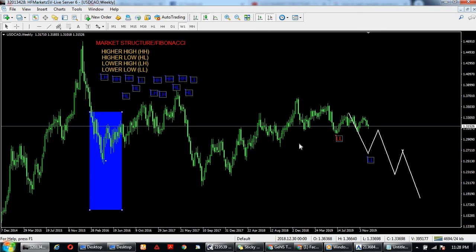That is the structure of the market for you, and Fibonacci will help you time your entries, get into the market at the right time. After every retracement move would be the best time to get into the market. That is the job of Fibonacci for you.